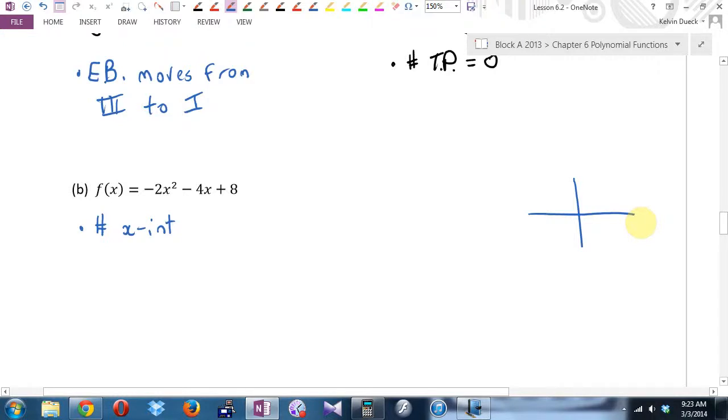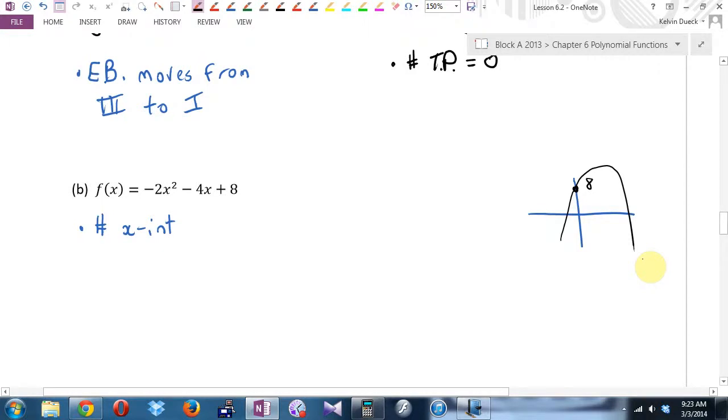Which way does it open, up or down? What's the y-intercept? Okay, so if it has a y-intercept of 8 and it opens down, it's got to look something like that. I mean, it may do that, or it may do that. I don't know. But if it's got a y-intercept of positive 8, it's got to go through there.